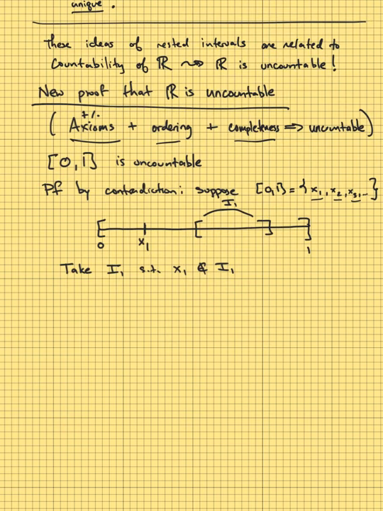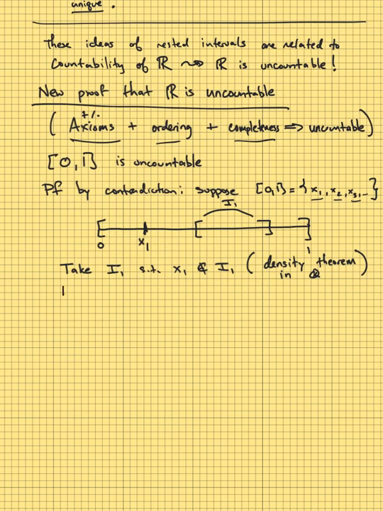Okay? So maybe I should say, how do you know that you can find this I sub 1? This just follows from this density theorem. I had to use the fact that the rational numbers are dense. So you give me an element here, I can find an interval which misses it. I can even assume it has rational endpoints if I want.